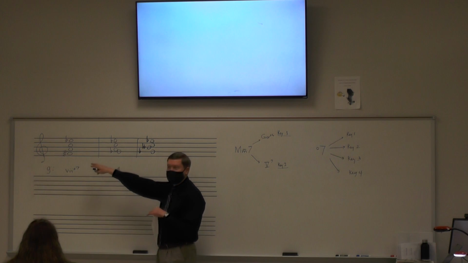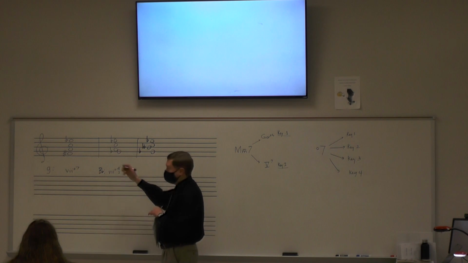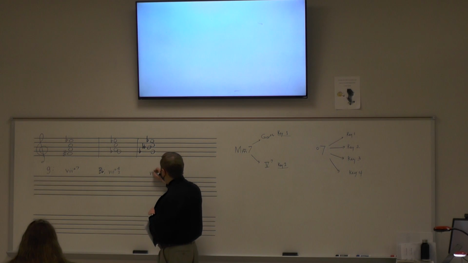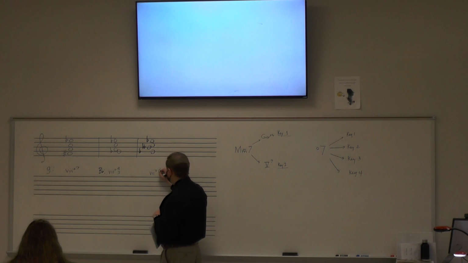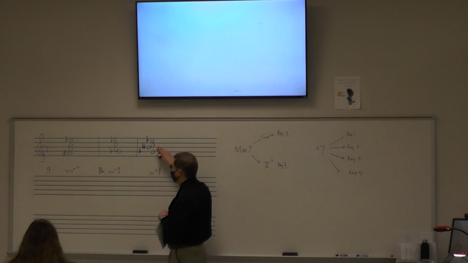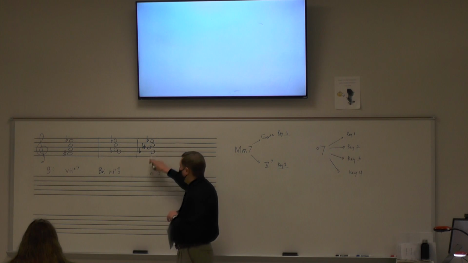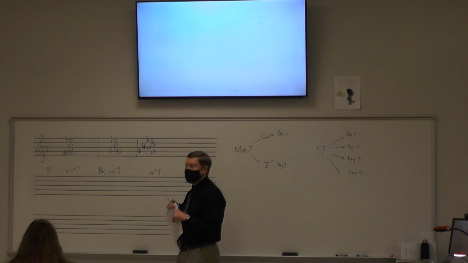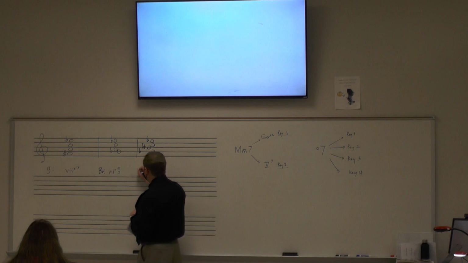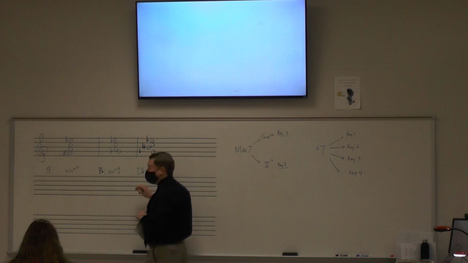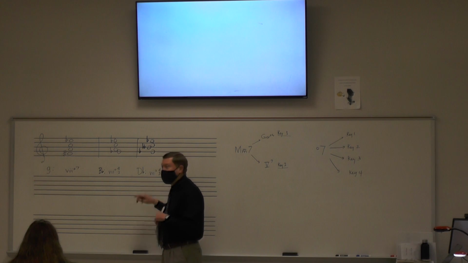But this sounds exactly the same as all these other ones I just spelled. What inversion is this chord in? Second inversion. And if C is the root, what key would this function as a 7 chord in? D flat. Okay. Now you have to pick D flat major here because D flat minor is not a real key.